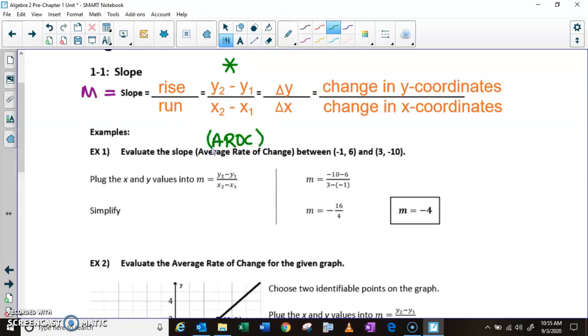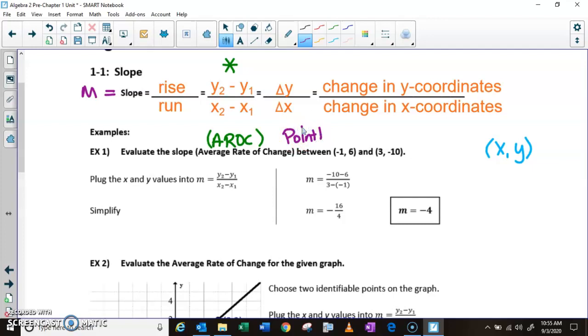If we want to find the average rate of change, or the slope, between 2 points, such as -1, 6 and 3, -10, let's first talk about those points. Those are called an ordered pair. And remember, all ordered pairs are designated as x comma y. So if we have two ordered pairs, we need to designate them as individual points. I'm going to call the first one point 1.